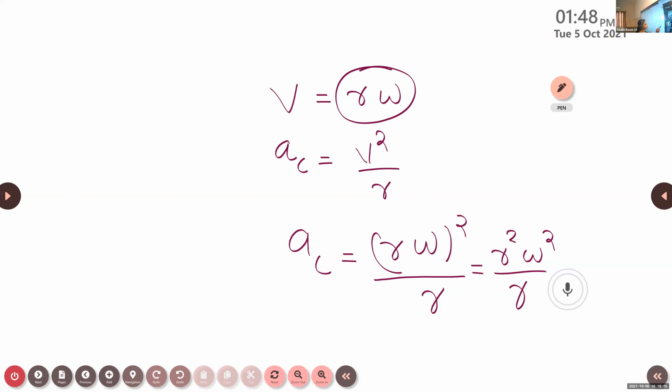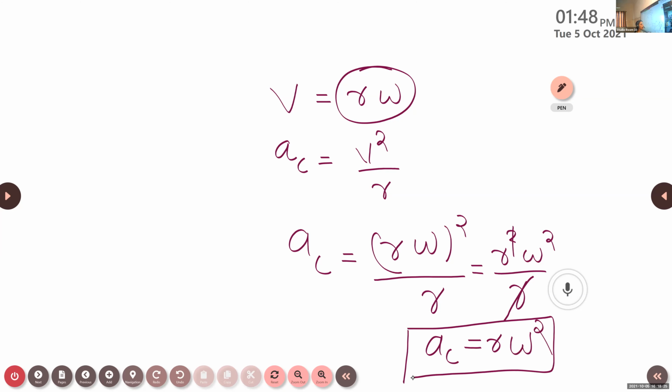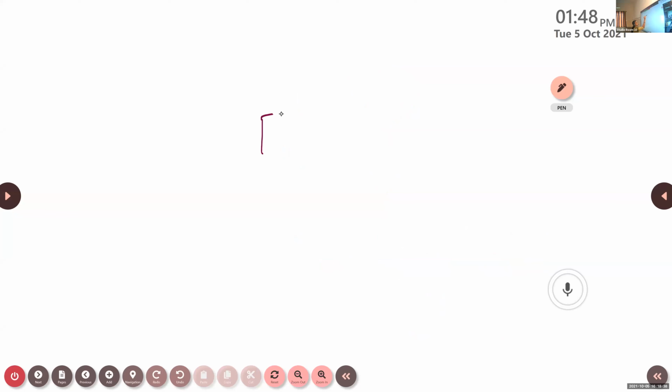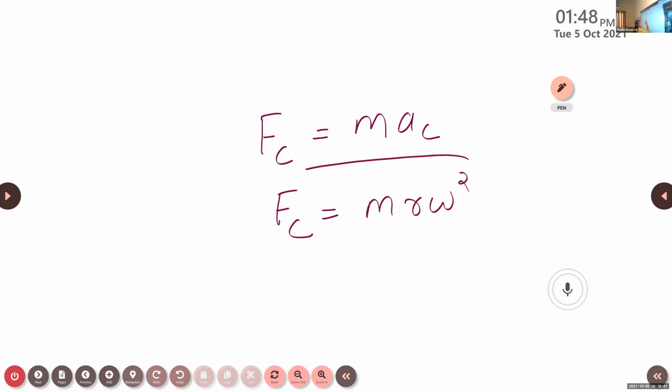So one term cancels, one r from the denominator and one r from the numerator, and it becomes r omega square. So AC is also equal to r omega square. Then the expression for centripetal force Fc is equal to m into AC, that is Fc is equal to mr omega square. Both equations are possible for centripetal force.